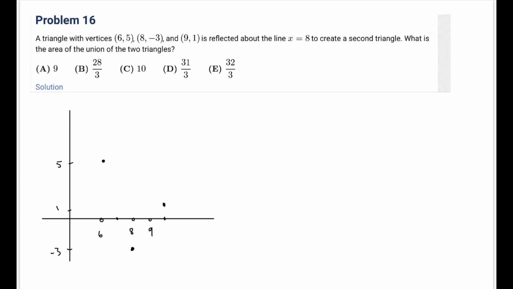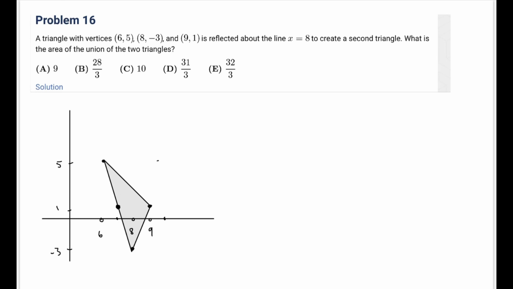No, 9 is here, just about here, right? And so connecting the dots, it would be like that, and like that to make this triangle. But then when we flip it about this line, right, then we see that it becomes exactly the same points.